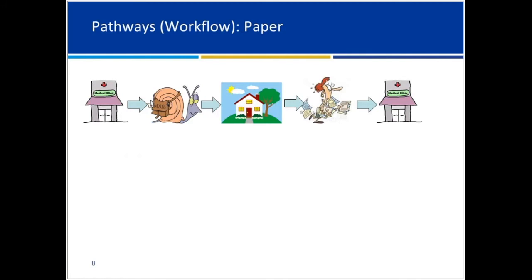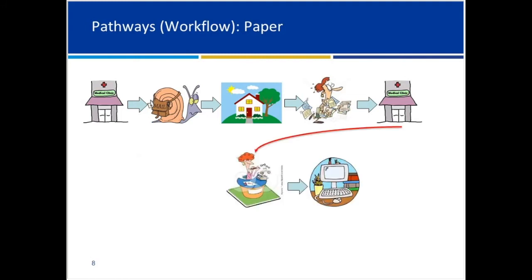If the screener is going to be administered by paper, usually what happens for a scheduled visit is the medical clinic will mail the document to the patient's home, and the patient will complete the document before they come into the clinic and bring it with them to the clinic. Once they're at the clinic, someone from the clinic, a registrar, or usually a medical assistant, will enter the information from the paper into the electronic health record.